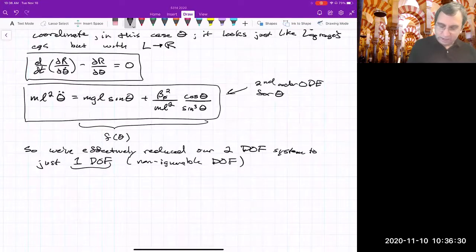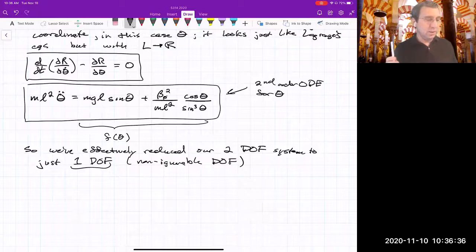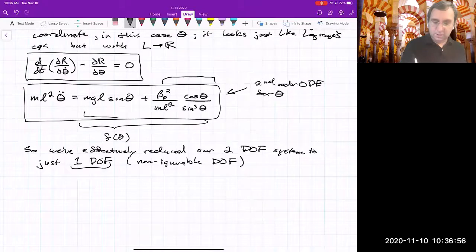Now, what did we actually do? What happened is we used the fact that there was conservation of momentum, but we didn't really have to think about that. There was conservation of momentum in the phi direction, which then allowed us to write this equation. So this term over here is related to the conserved momentum in the other degree of freedom. And then you've got this term that's related to gravity.